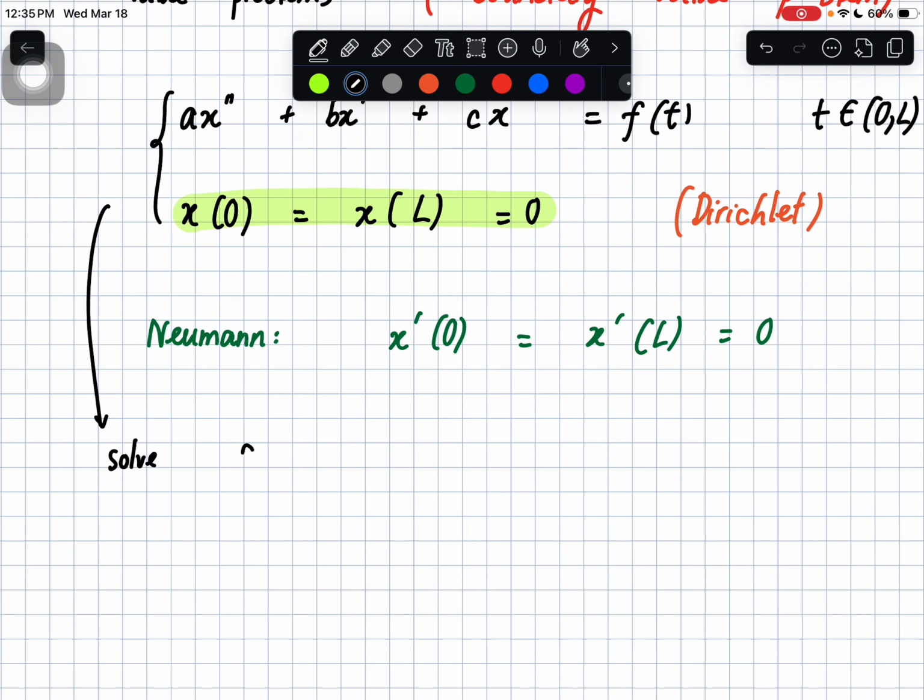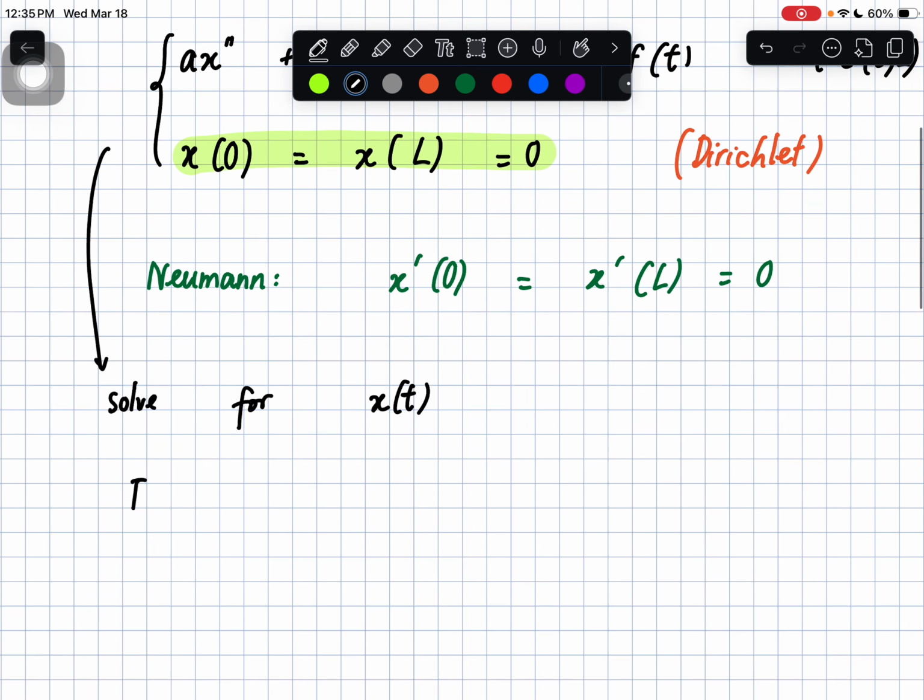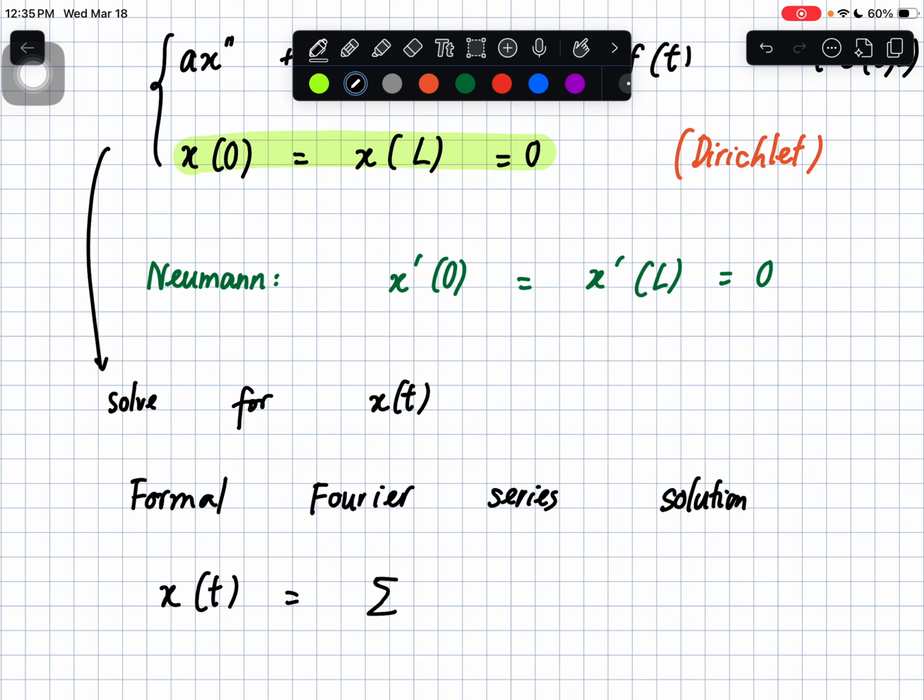Solve for x(t), and we get the so-called formal Fourier series solution, x(t) equals a summation.